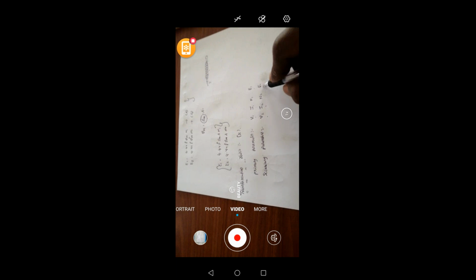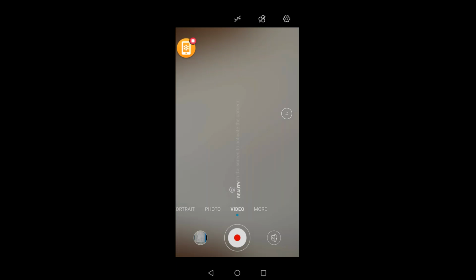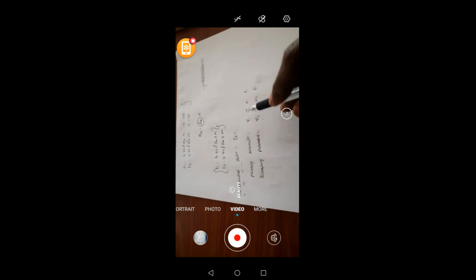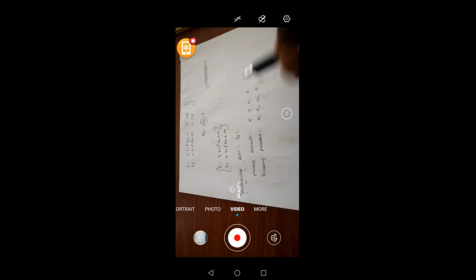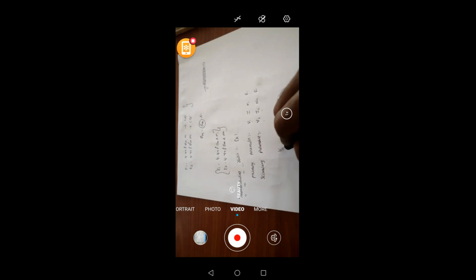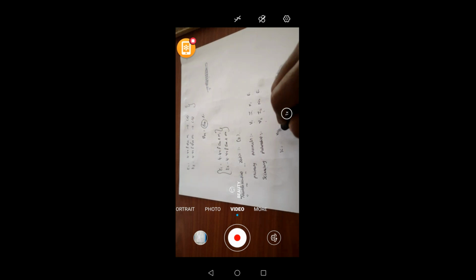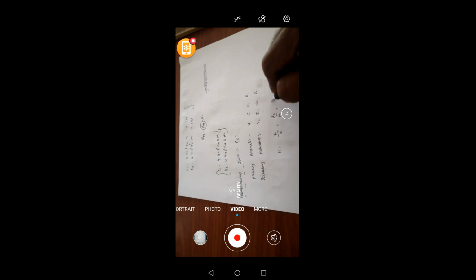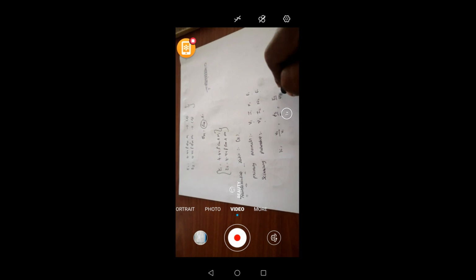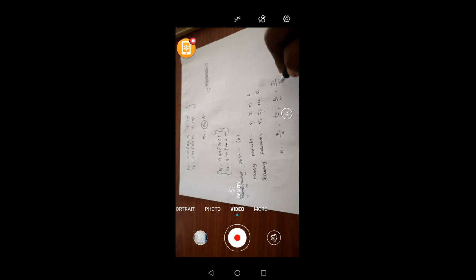Now the transformation ratio is given by K equals V2 by V1, N2 by N1, E2 by E1 and I1 by I2. This is the representation of transformation ratio.